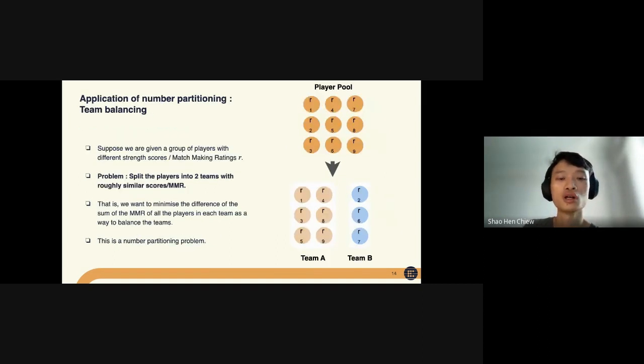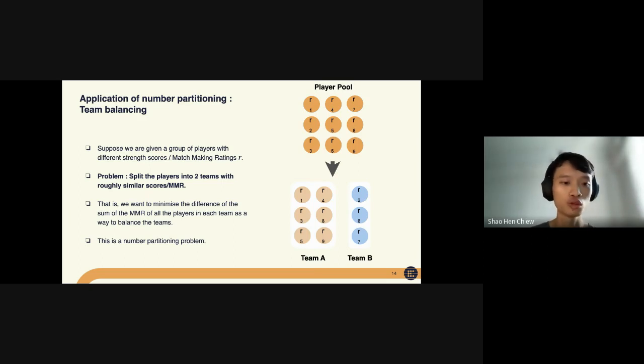For example, a practical application of this kind of number partitioning problem is the following. Suppose that maybe you're playing some kind of video game and you are given a set of players. Each player has a different strength score or a matchmaking rating, MMR. What you want to do is to split these players into two different teams so that the strength of the two teams are rather similar.